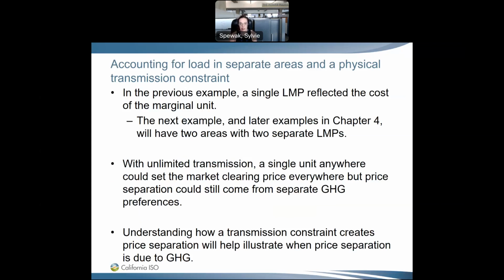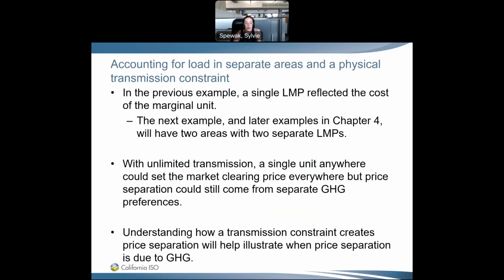If we had unlimited transmission, a single resource in any area would be able to set the market clearing price. But if those two separate areas have separate GHG preferences, then we might still see a difference in LMPs. So the difference in LMPs can come from a transmission constraint or separate GHG preferences.